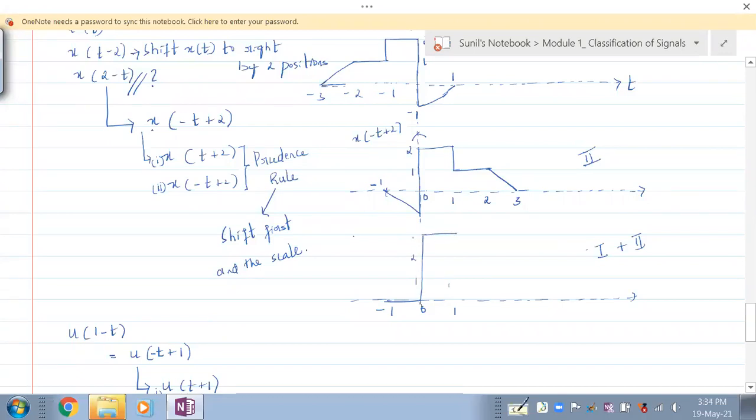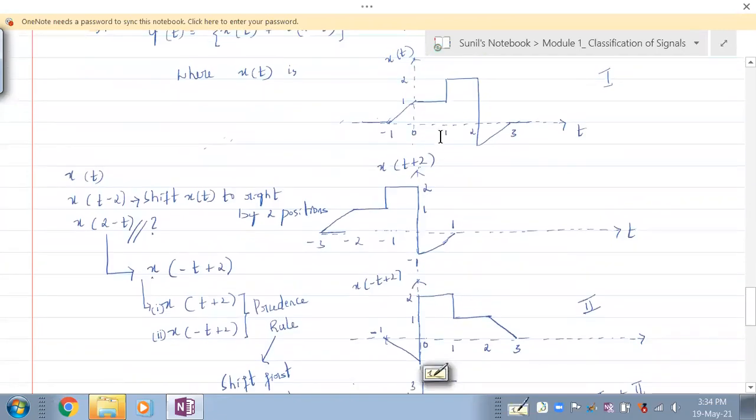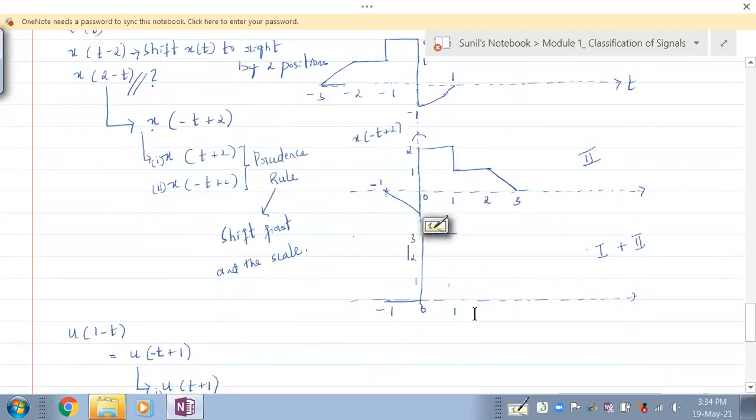From 1 to 2, what's happening? From 1 to 2, this is 2 and this is 1. So again, you will have the same 3 extended from 1 to 2.